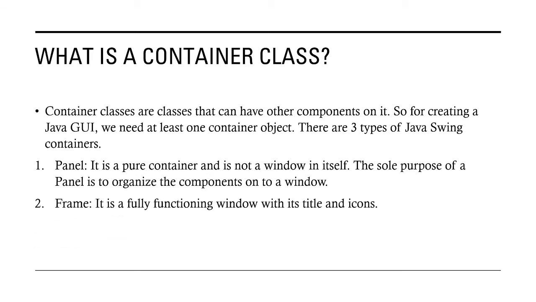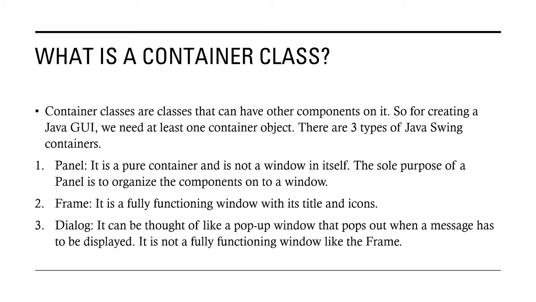Next will be frame or JFrame in Swing. It is a fully functioning window with its title and icons. Next will be the dialog or JDialog. It can be thought of like a pop-up window that pops out when there is a message that has to be displayed.